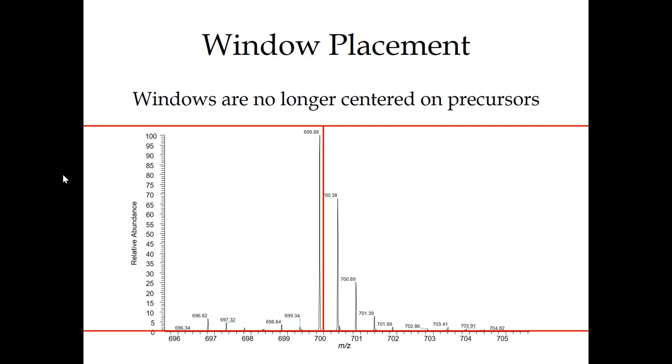So this is a particular MS1 scan, showing a peptide precursor that we might be interested in. I'm just showing the theoretical worst case scenario where, if you imagine in your DIA method that these are two isolation windows, your precursor of interest falls right in the junction between those two windows, right? And that's something we would like to avoid to whatever extent possible.